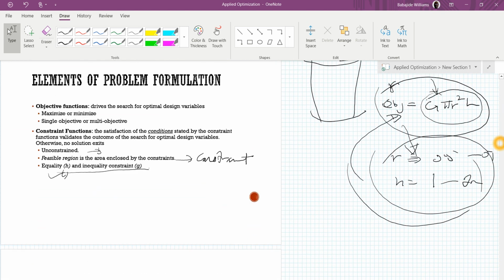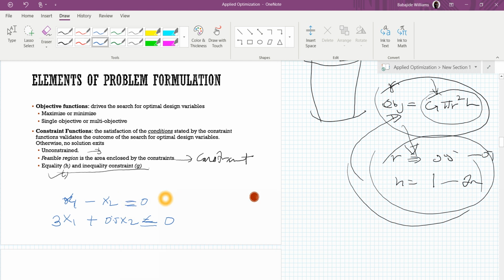So you could have something like this: x1 minus x2 equals 0, and 3x1 plus 0.5 x2 less than or equal to 0. So this is an equality sign here.